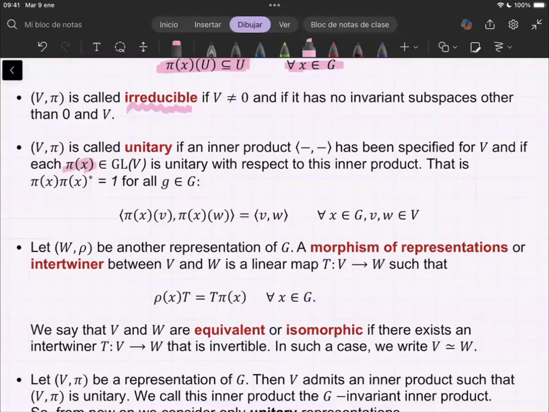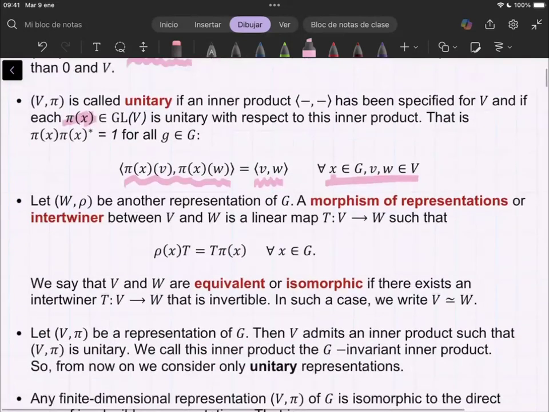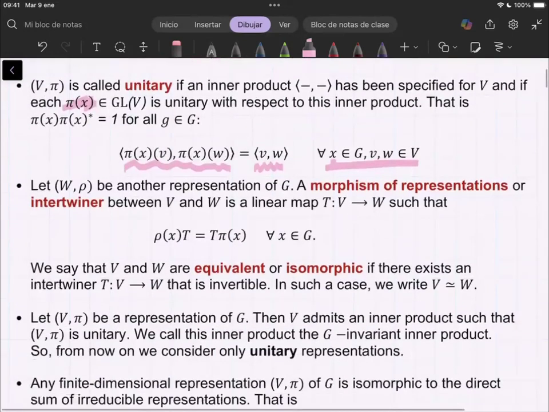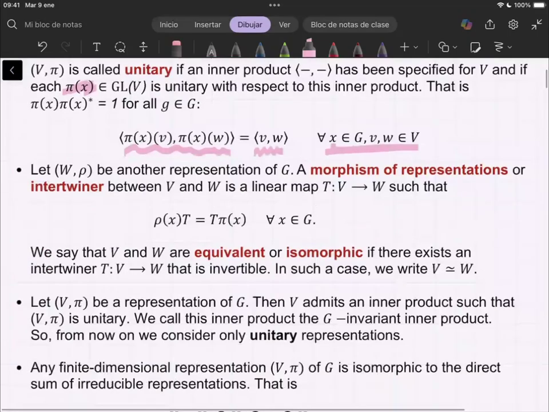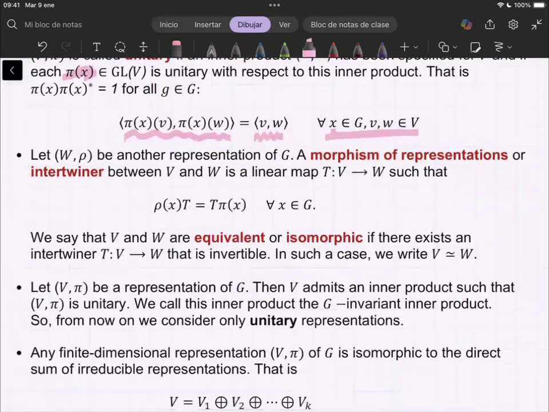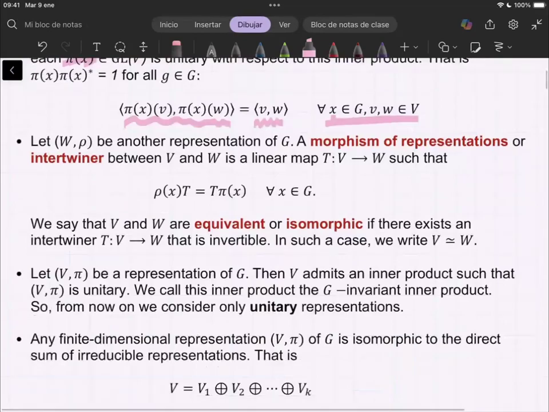If we act on the vectors with the element and then take the inner product, we get the same as not acting at all. We call that a unitary representation. A morphism between two representations, or an intertwiner, is a linear map that commutes with the action of G.